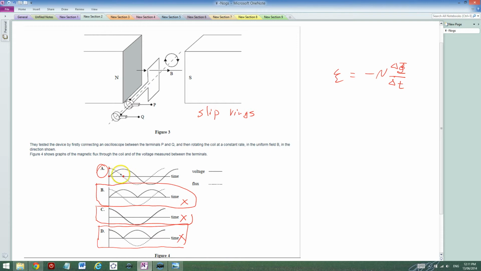The gradient of the dotted line is minus, but if we put a minus in front of it, it will be positive. Positive maximum. Here, minimum flux, zero flux. Positive gradient with a minus sign in front, it becomes minus. So option A makes sense. The others don't.